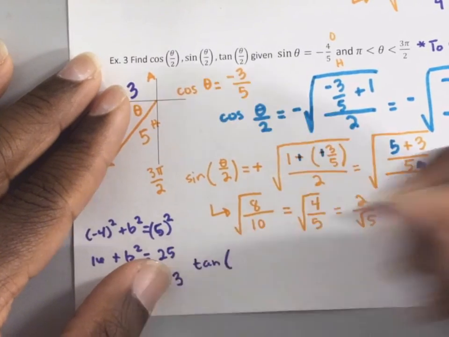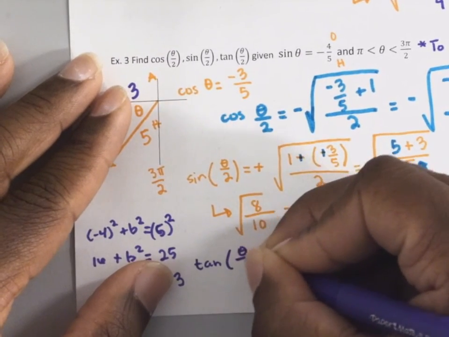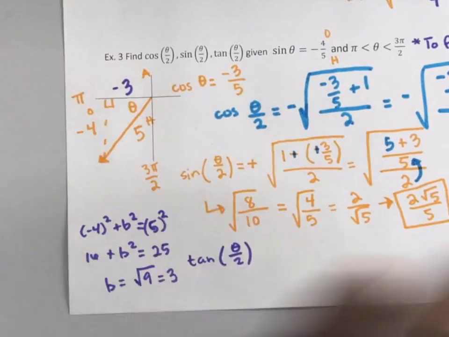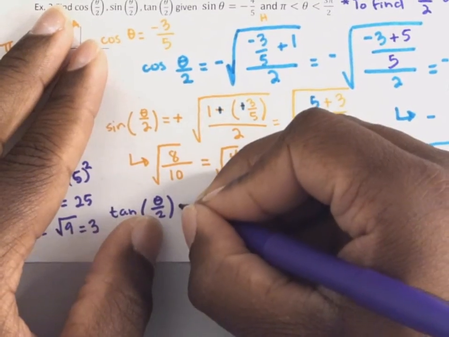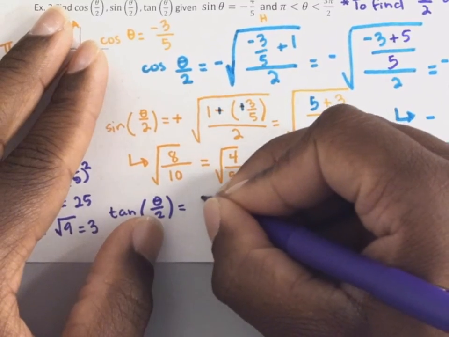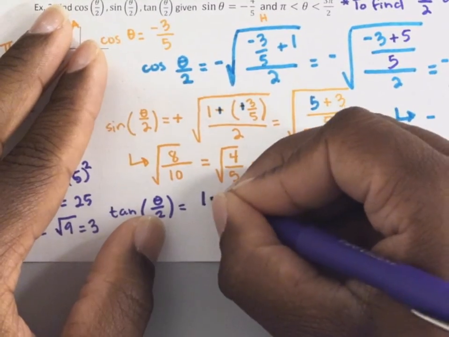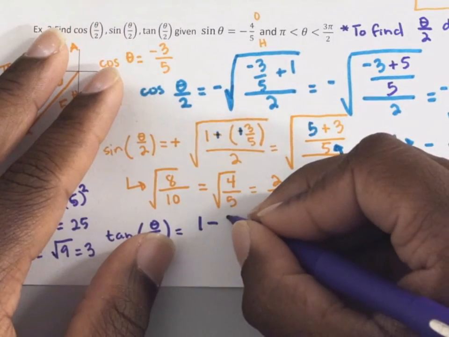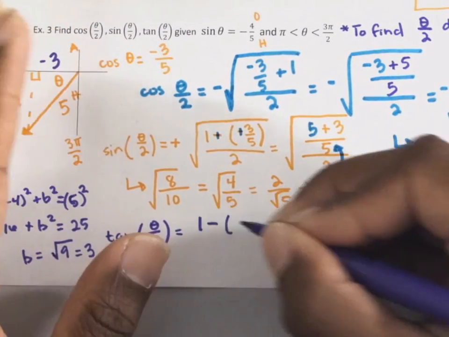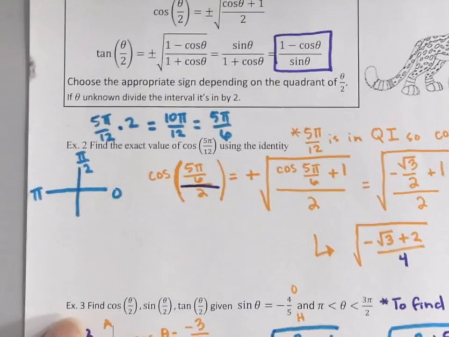Man, it's going to be a tight squeeze. I apologize in advance if this gets ugly. But we will do 1 minus cosine, which we said was negative 3 over 5.